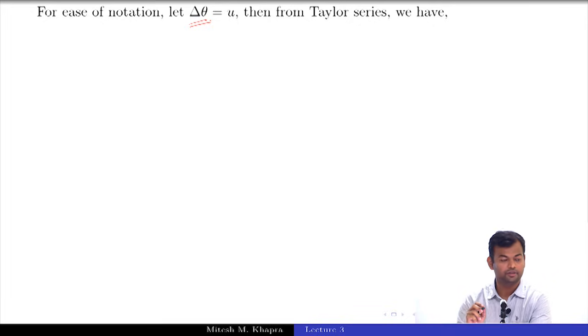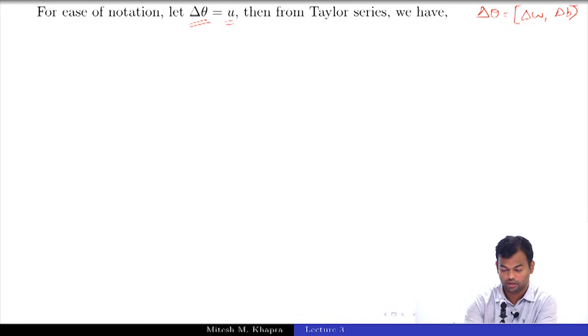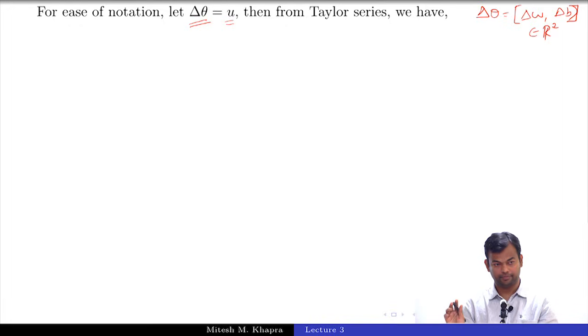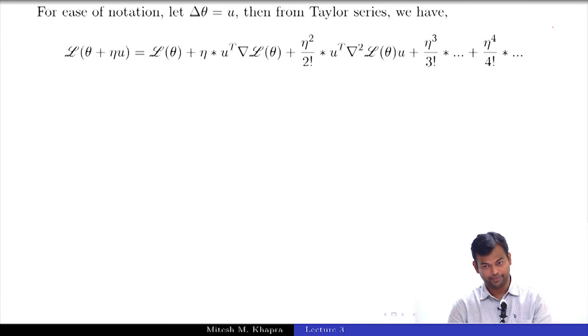And for ease of notation, I'm going to call it u. So remember what this delta theta is? What is it? Change in w, comma change in b. So it's a vector in R2. Remember that? Okay. I'm just going to call it u. Now this is what Taylor series tells me.